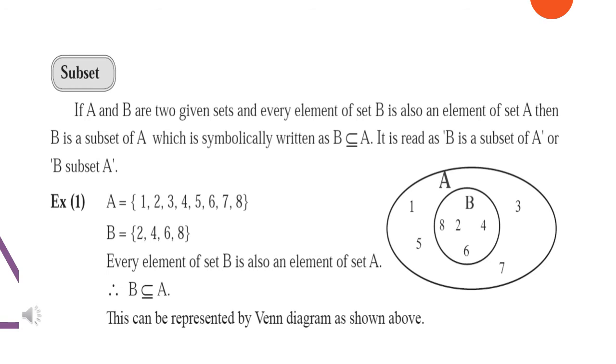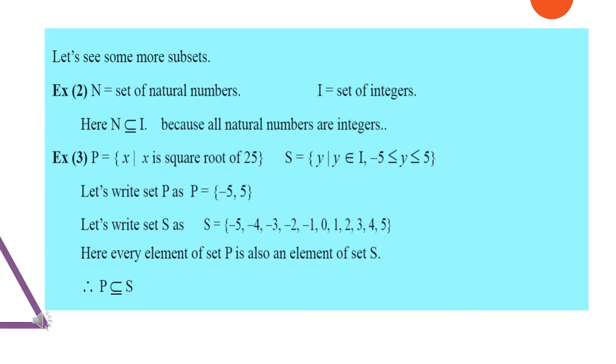Okay. So we have learned what is a Venn diagram, how to draw it. Then we have learned what is a subset. And we have also seen how to draw a Venn diagram showing subset. Let us see some more examples of subset. Example 2.